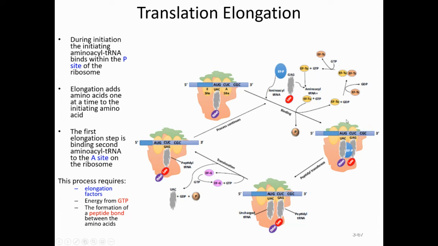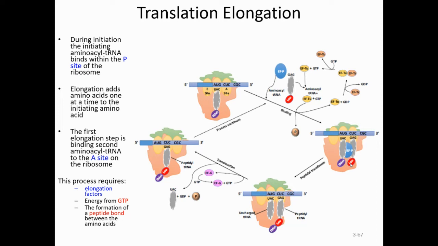And then they form the peptide with the help of EF-P, and we have peptidyl transferase to help form the peptide bond. And then the amino acid can be transferred to the next one.